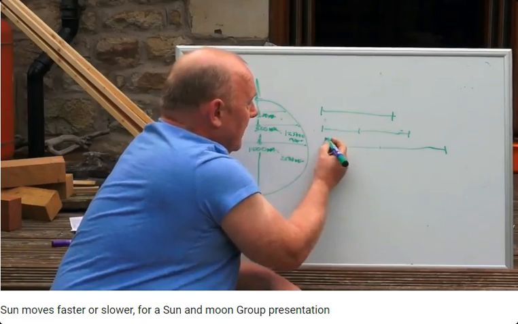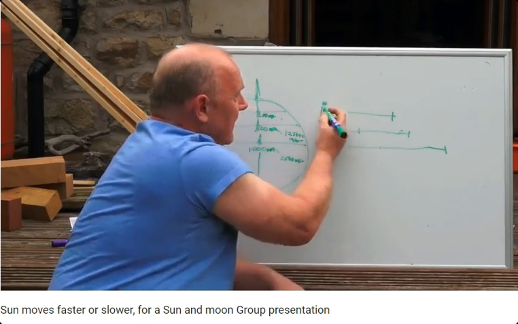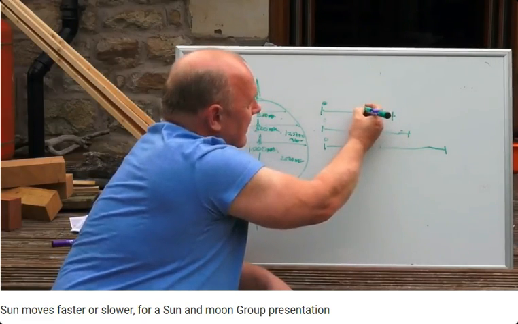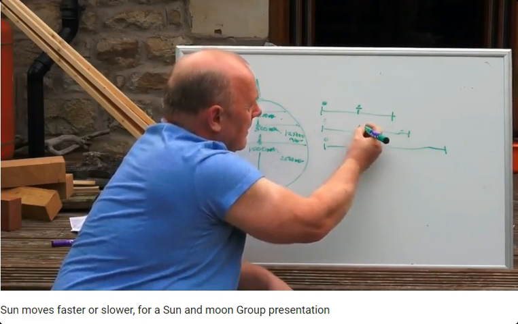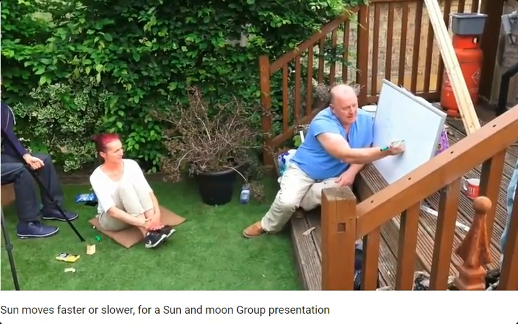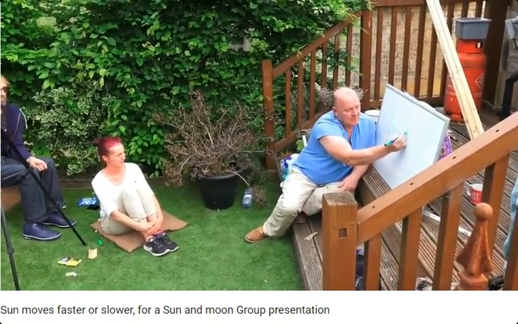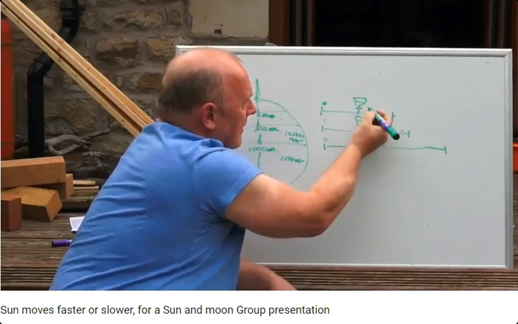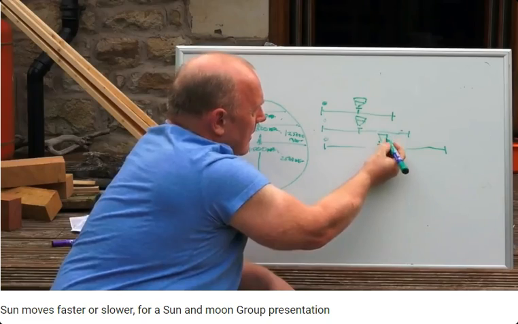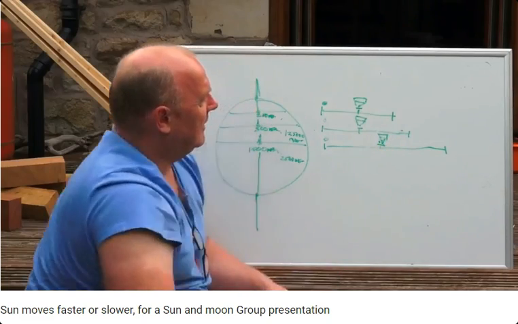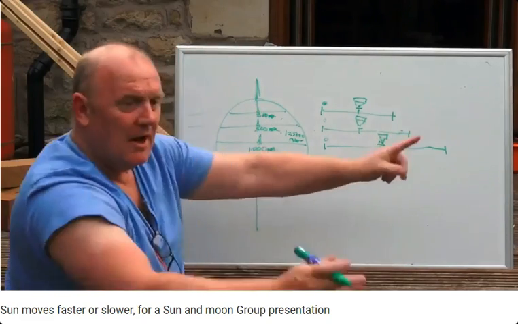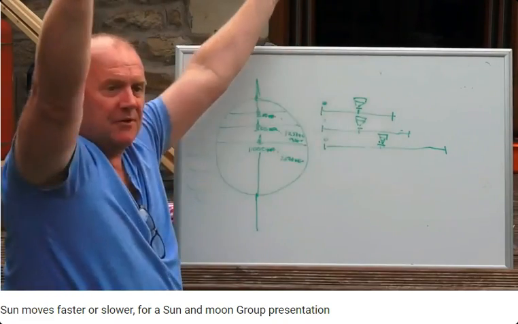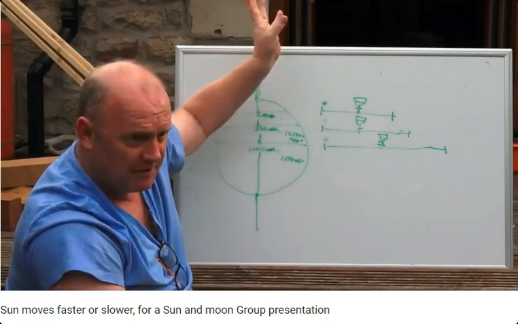So you've got the sun at each point. Camera's trained on it. You've got a man standing there with the same field of view for each man. So say that man can see a 10-mile space in the sky, that man can see a 10-mile space in the sky, and that man can see a 10-mile space in the sky.